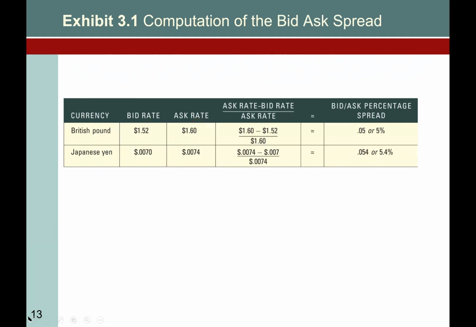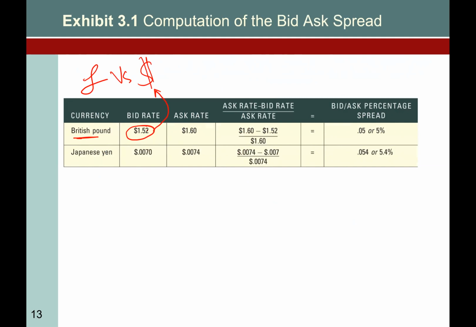So this is the value of British pound in terms of dollar. We are talking about two currencies, pound versus dollar. So this is the price of pound in terms of dollar. Many students struggle. They say, okay, $1.52, what does it mean? Does it mean this is 1.52 pounds?